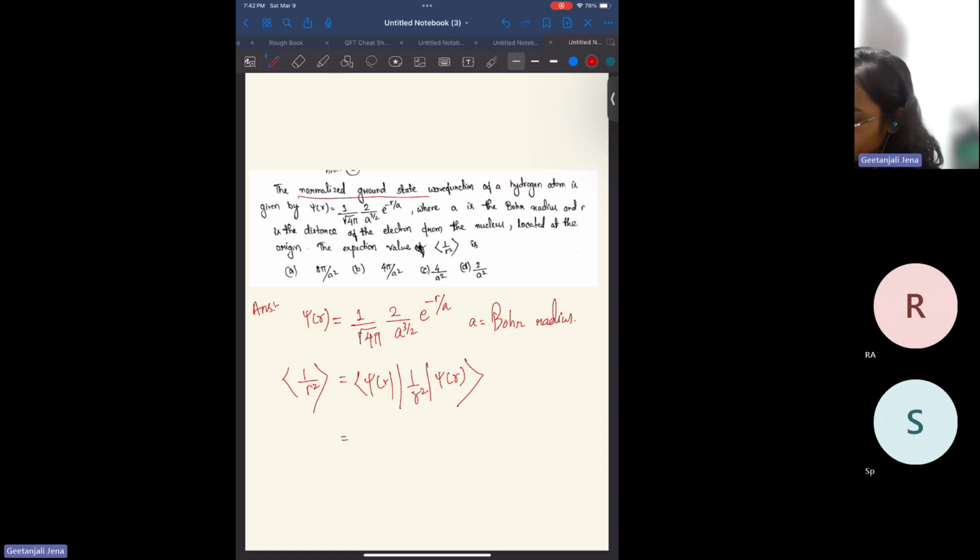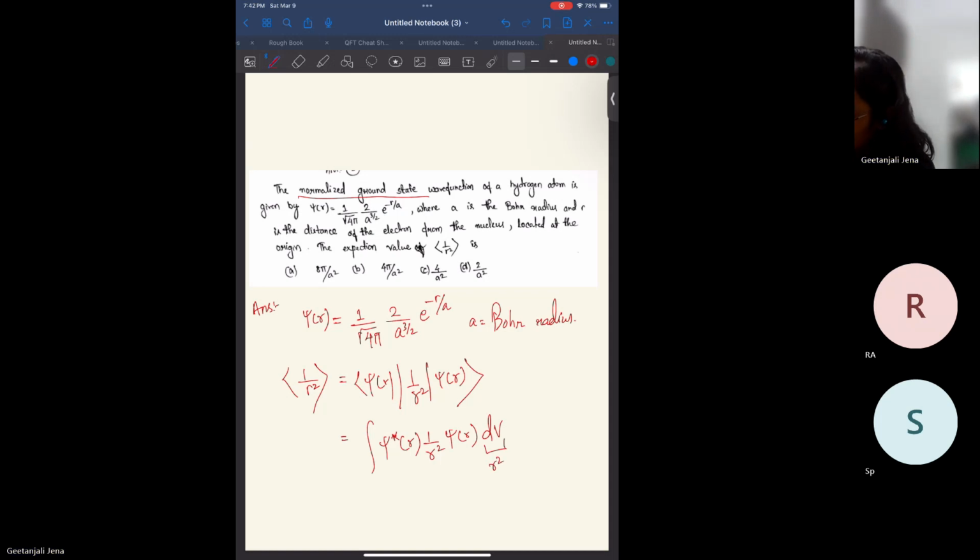So if you write it in terms of integration, it will be the integral of psi star, 1 by r square, psi dv. And dv for spherical coordinates, you write as r square sin theta d theta d phi dr.